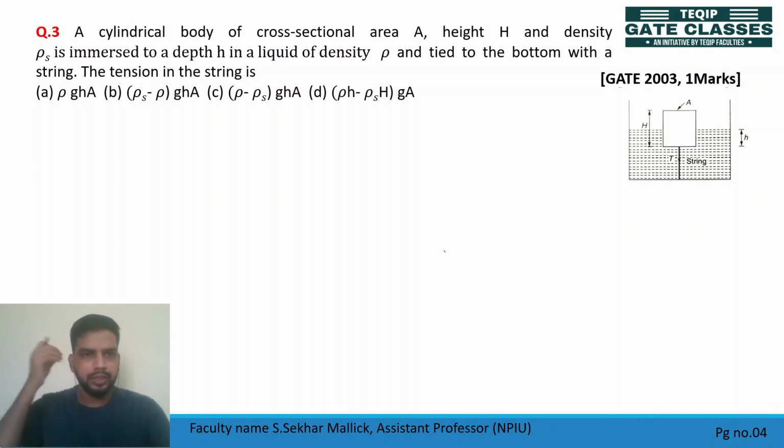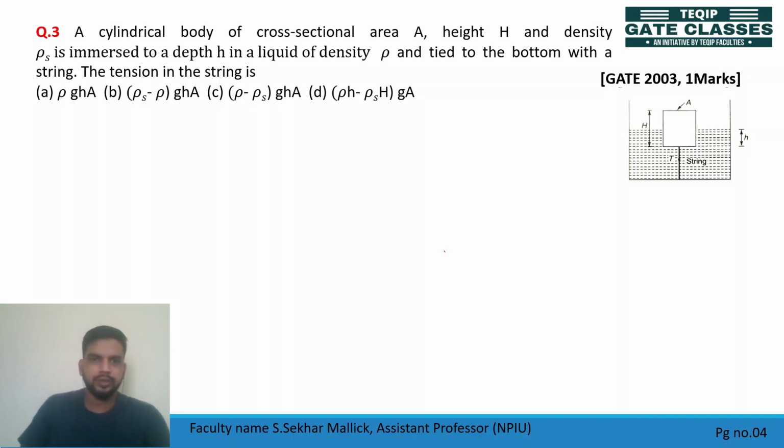See, question number 3. A cylindrical body of cross-sectional area A, height H and density rho s is immersed to a depth h in a liquid of density rho and tied to the bottom with a string. The tension in the string is.